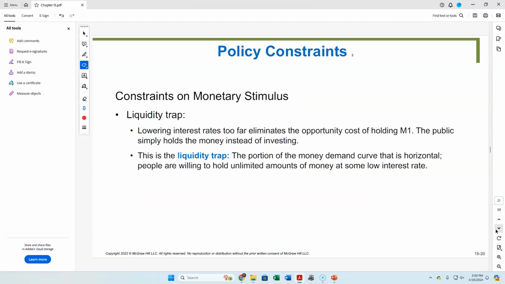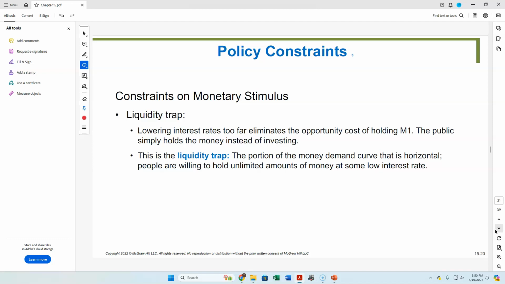money. And so this idea, what economists like to say, is you can't push on a string. The idea is that if you get the interest rate too low, what else can you do to stimulate the economy?